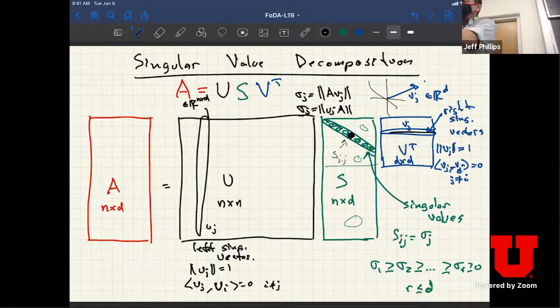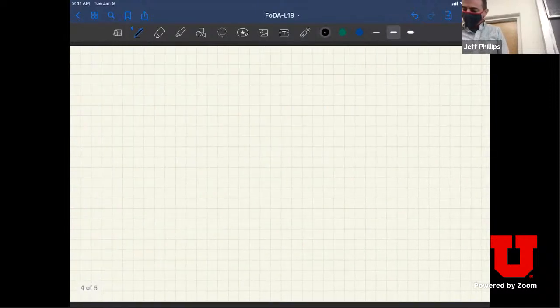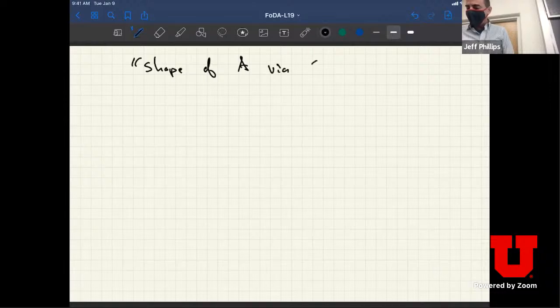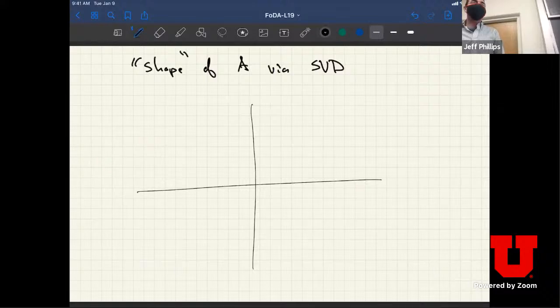The first thing I want to do is start with some geometric intuition, and then we're going to go back to the linear algebra. I like to think of this as the shape of A via the SVD. Let's just look at this in R2, or it might be higher dimensions, but the other dimensions aren't going to be as important here.